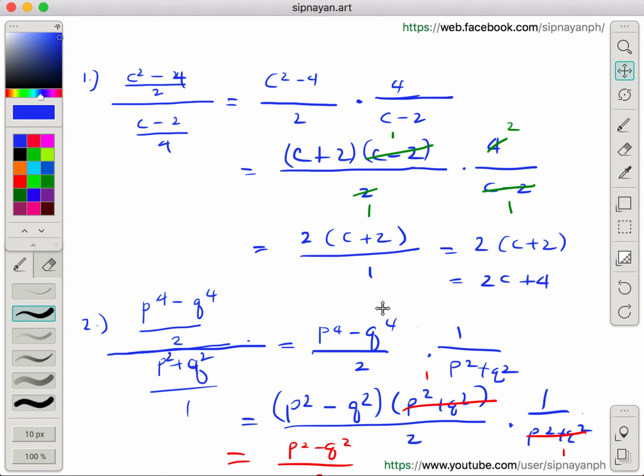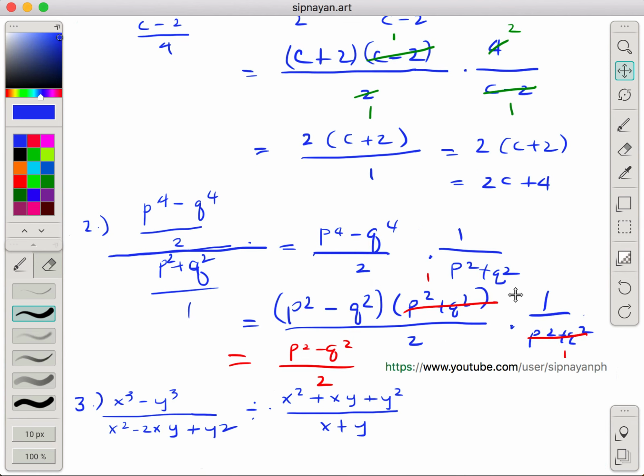Second, alam niyo dapat yung laws of exponents, kasi syempre after mag-factor, after mag-cancel, later pwede ka rin mag-multiply. And then, syempre, mga distributive property na yan, which is opposite of factoring, no? So, dapat alam yan.